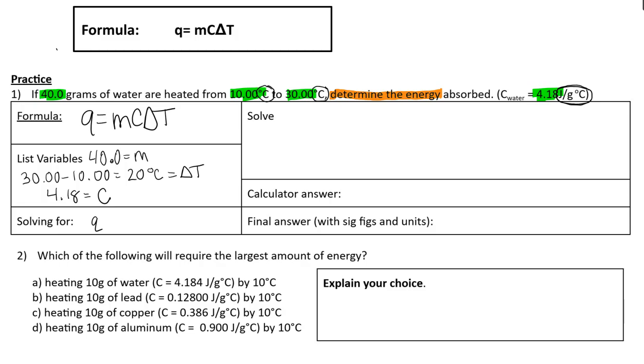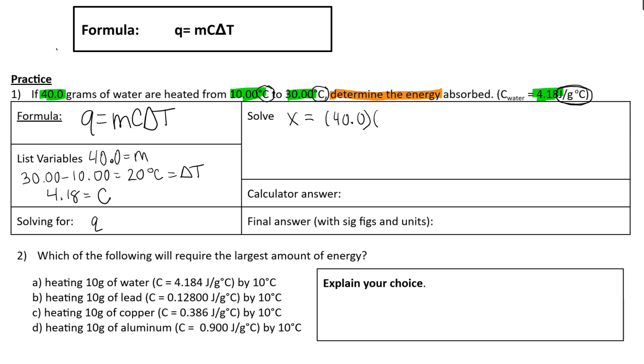So now we just have to put all of the pieces in. So do I have a Q? No, that becomes X. And then I'm going to put equals. Now, M, I already figured that out. That is 40.0. I'm going to use parentheses here to show that we're multiplying these numbers together.